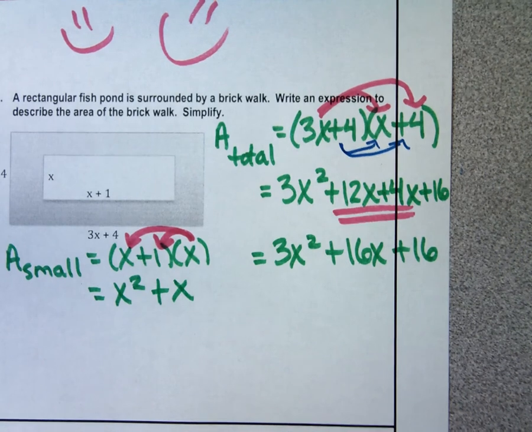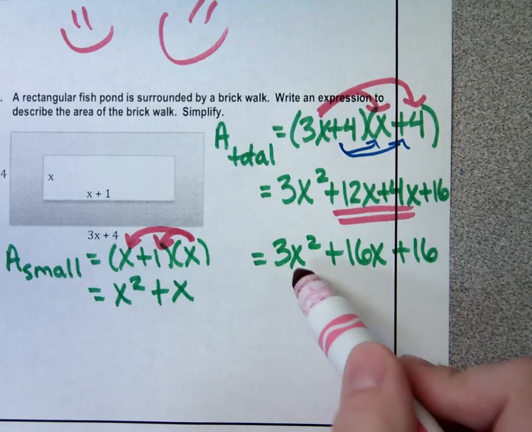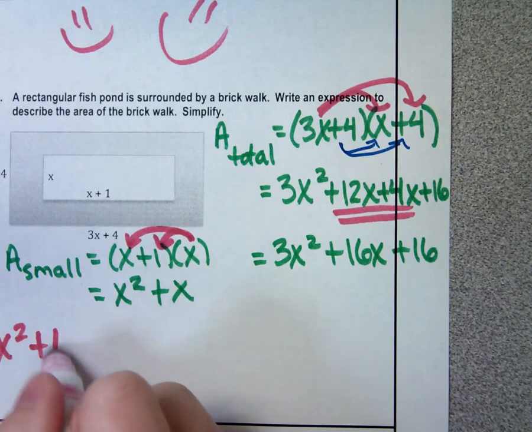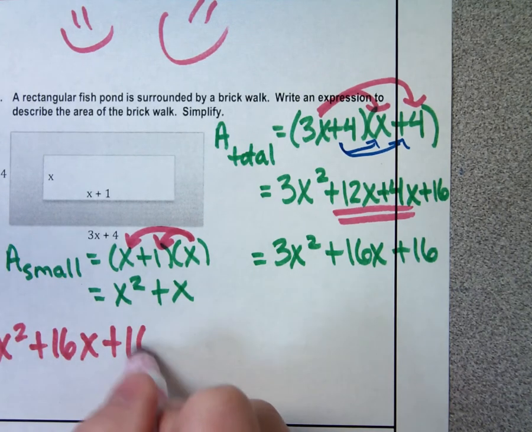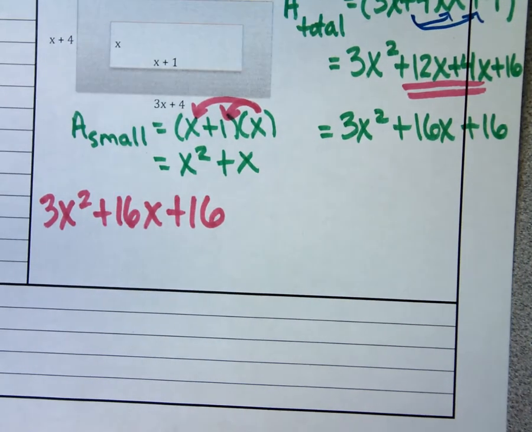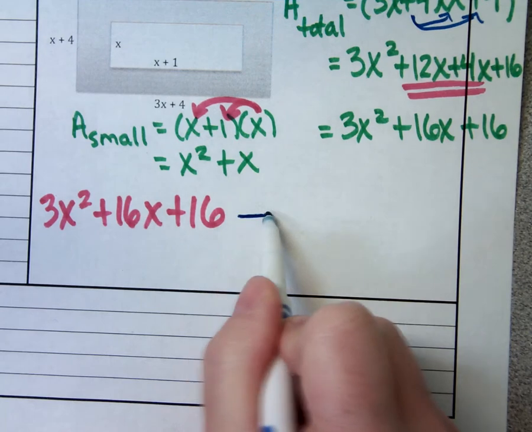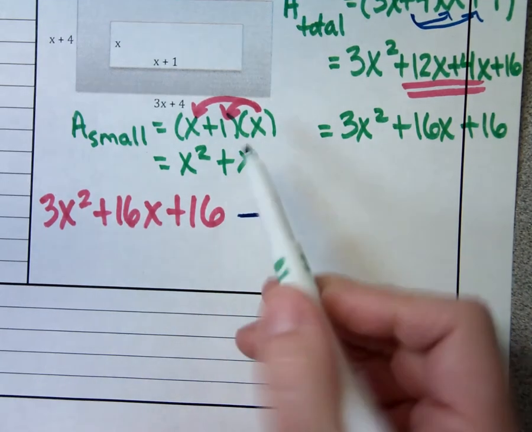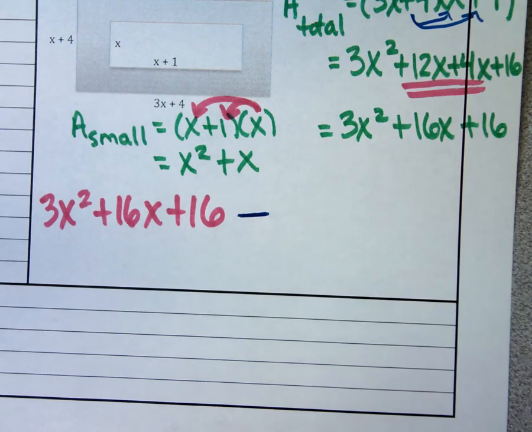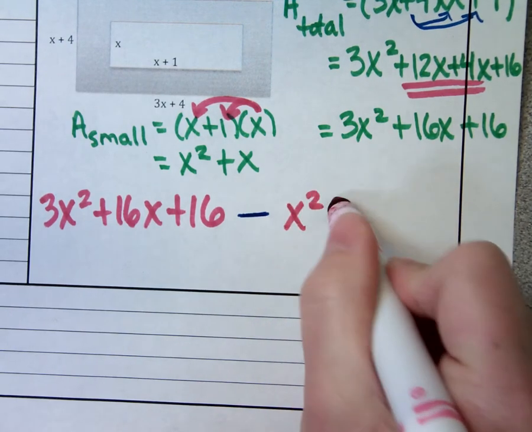And now all I have to do is subtract. So I'm going to take my total area, 3x squared plus 16x plus 16. And from that, I'm going to subtract the area of this small one, this white rectangle that didn't have any shaded. So that's the x squared plus x.